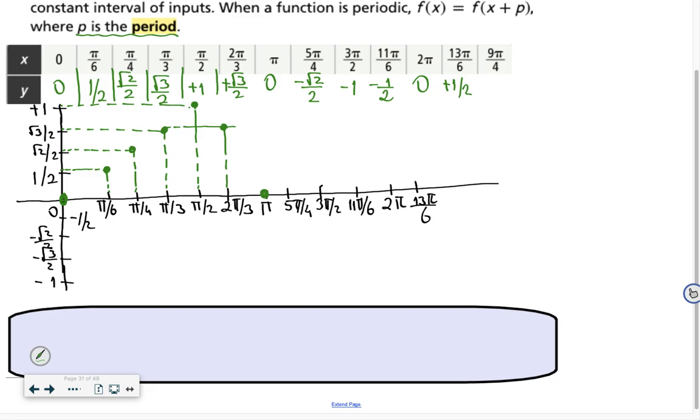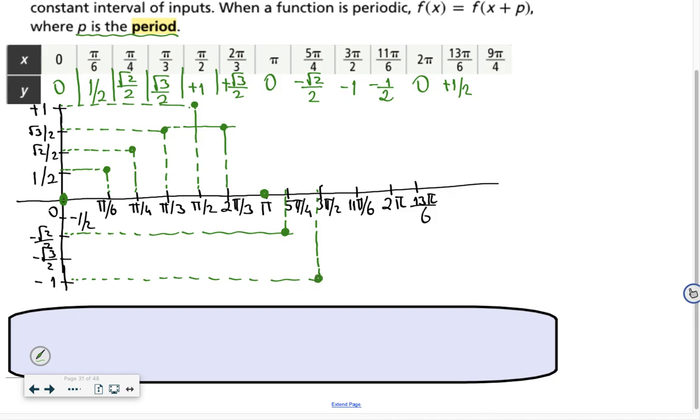Let's continue. If x is equal to 5 pi over 4, then the y value is going to become negative radical 2 over 2. If x is equal to 3 pi over 2, then y is going to become negative 1.